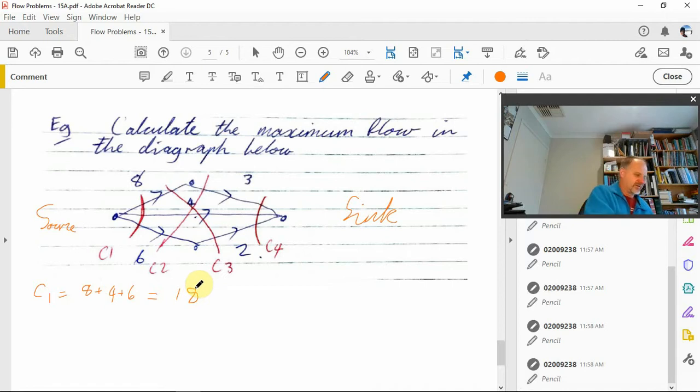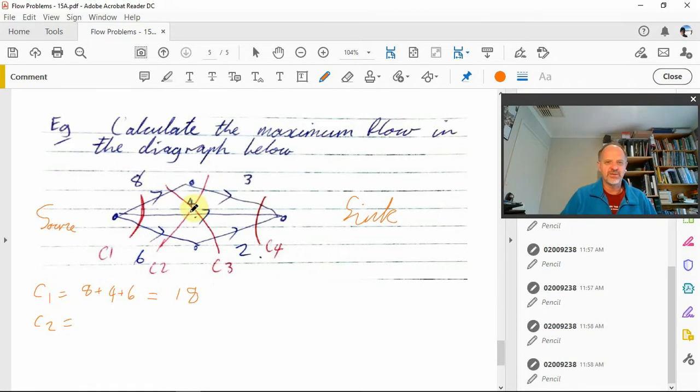All right, so you'll notice in the notes, I put 7 instead of 8. So I've read that as a 7, not that 8. So you just got to be a little bit careful, otherwise you make mistakes like I have. Cut 2.